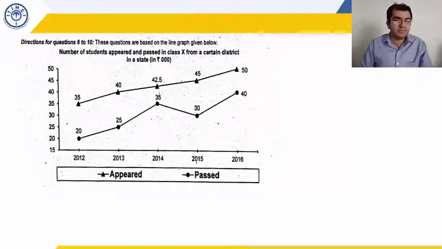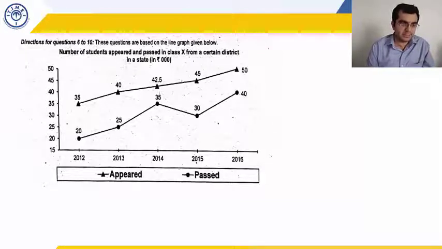Basically you are given some data with 5 years and the number of students who appeared and passed in class 10 in all of these years. When you have appeared and passed, then obviously you can easily calculate failed in any particular year as well. So let's get started.